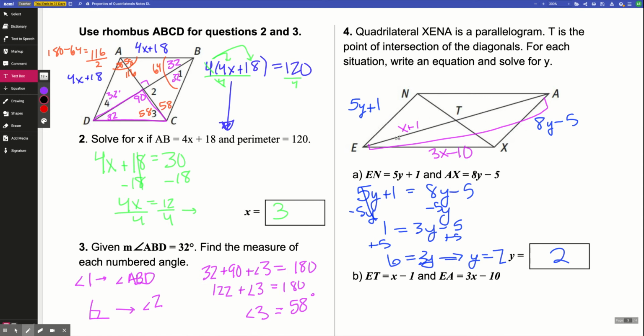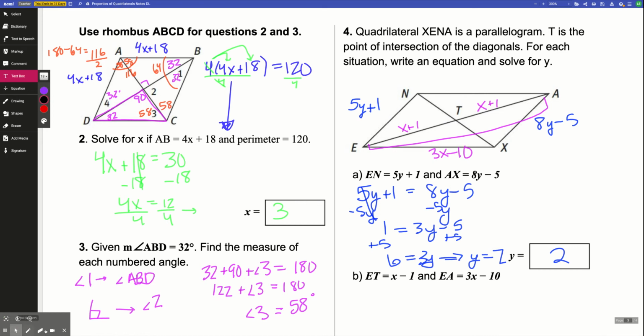One of them is just a part of the diagonal, and the other expression is the whole diagonal, okay? So they're not equal, but what we do know is that the diagonal is bisected or cut in half. So if this half, ET, is x plus 1, this half, AT, is also x plus 1, okay?